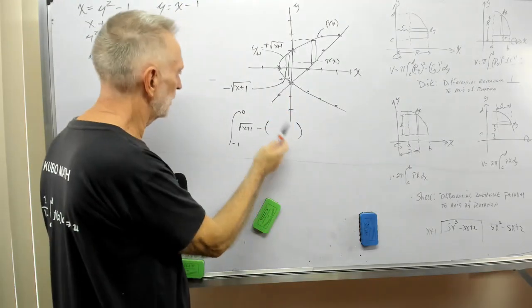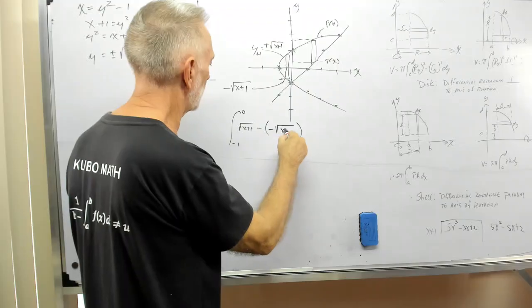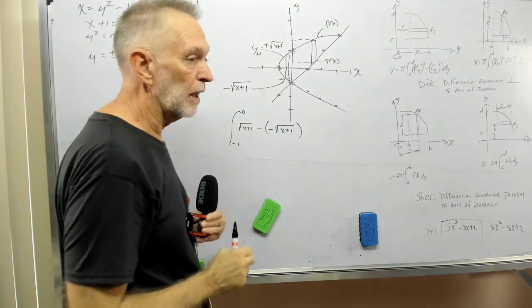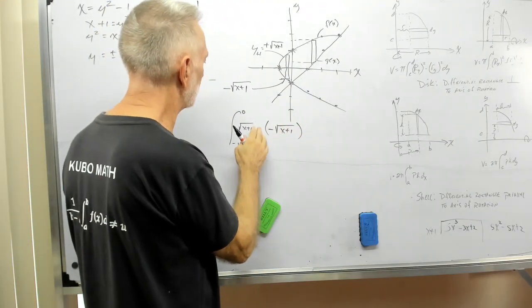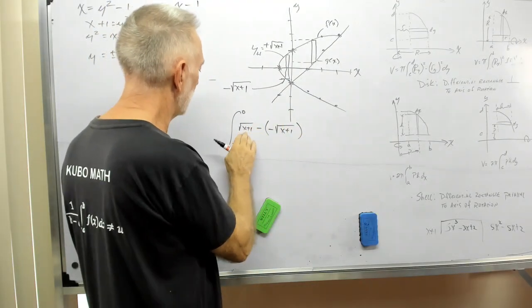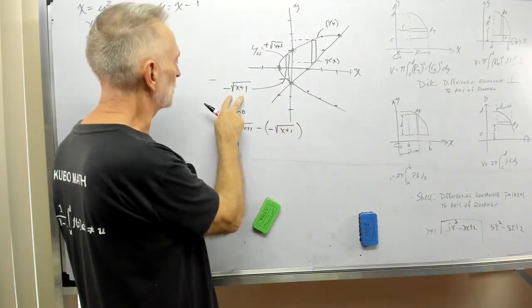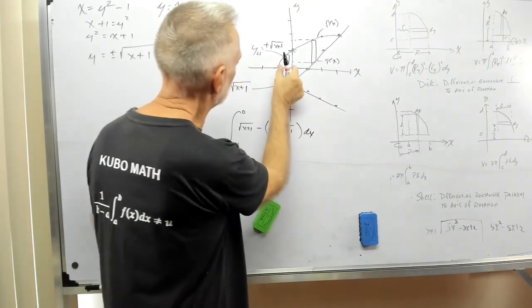Minus what? A minus square root x plus 1. Don't get hung up that this minus is that. It's not. I love putting the parentheses to say, okay, my formulation says f of x minus g of x. What is g of x? It's minus square root x plus 1. dx.